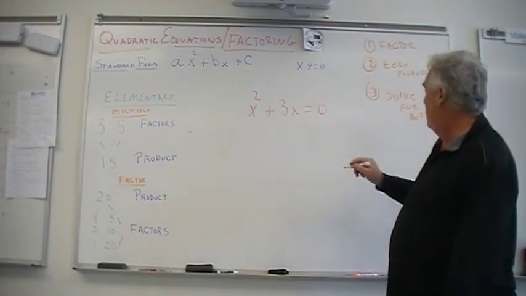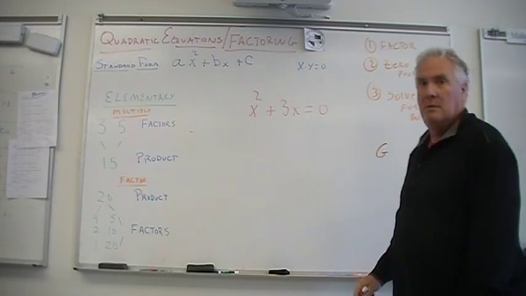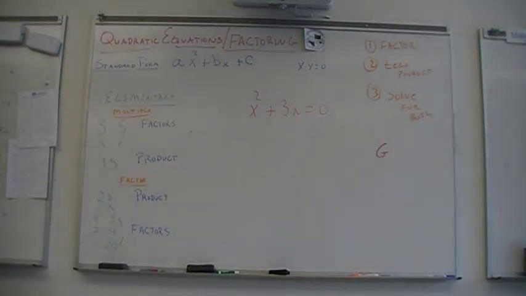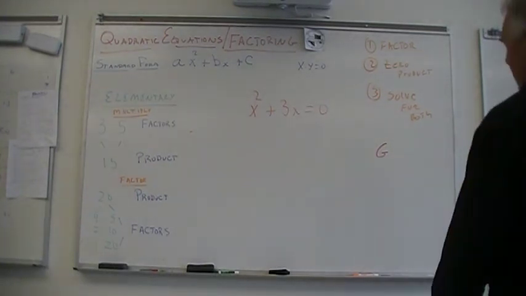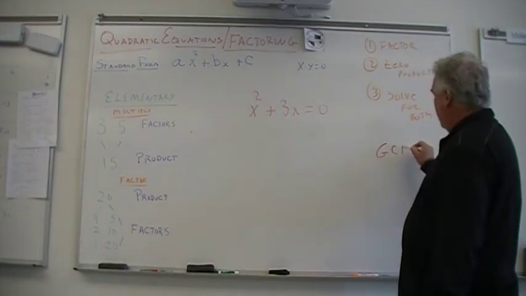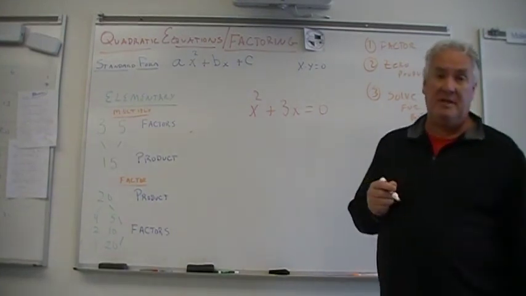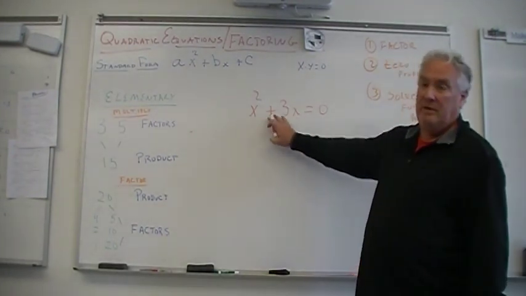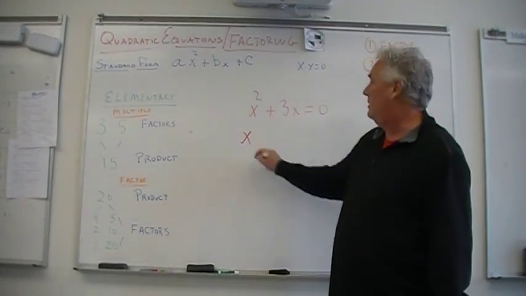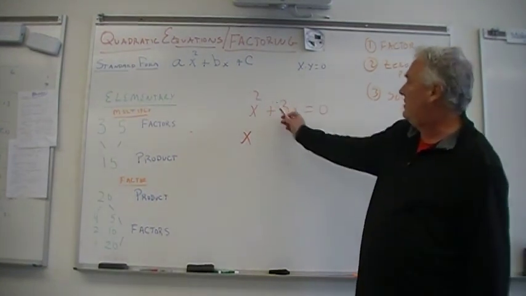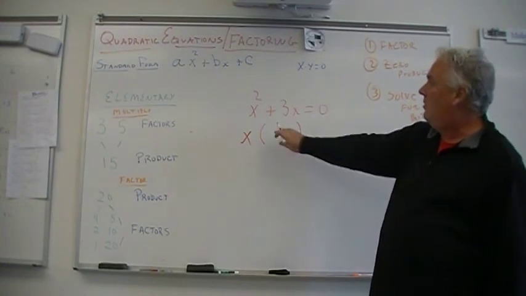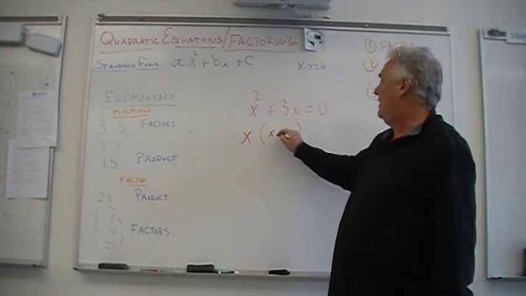Okay, I've got a minute left. I am going to show you factoring by GCF, greatest common factor. What goes into both of these? X. X times x, and then 3 times x. So we take the x out. What is left? X plus 3.